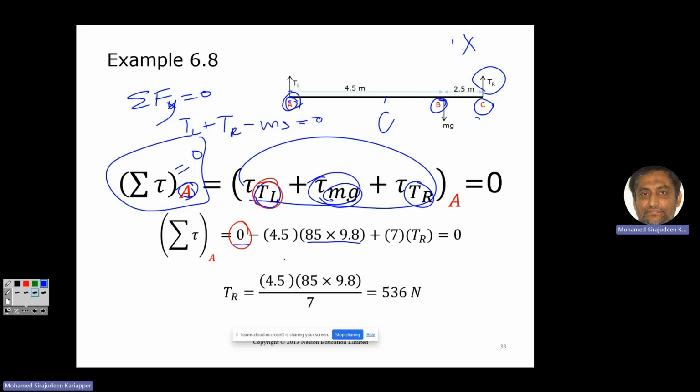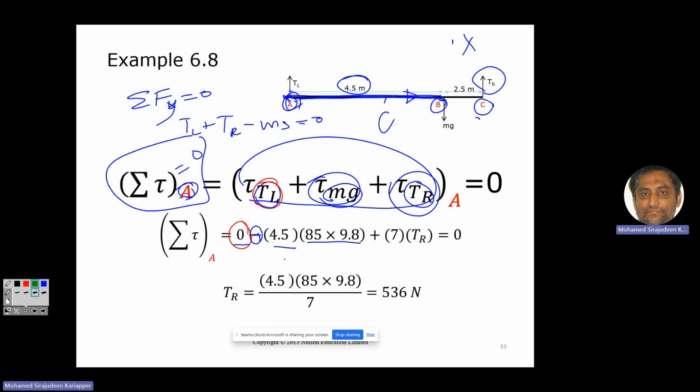From where you want to take the torque to where the force is applied. So R will be this for that. Can you see it is given to us? 4.5. So you substitute 4.5, then you decide the sign. Should I put a positive sign or negative sign? This is the point about which I'm taking the torque, and the force is like that. Tell me which direction it is trying to rotate. Clockwise, so negative.